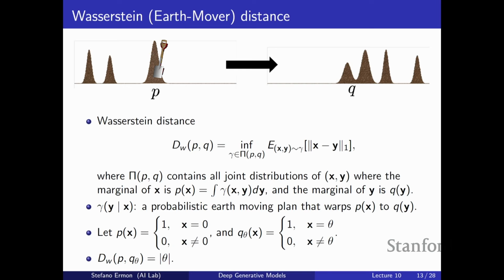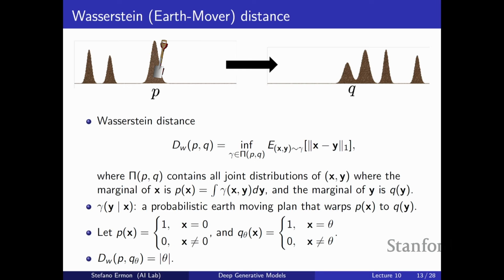Can you go over what exactly the term inside the expectation indicates? Yeah. So basically it's just the L1 norm, which in 1D you can think of as just the absolute value of x minus y.